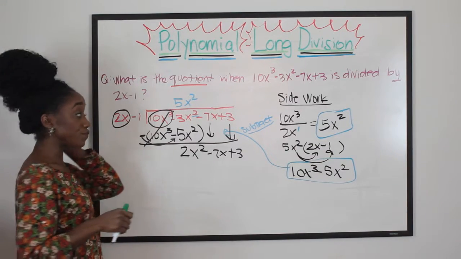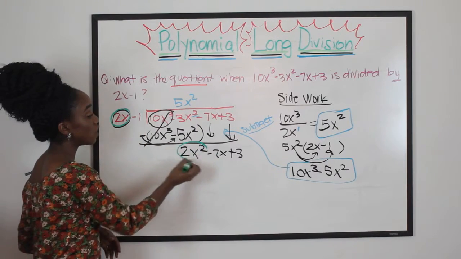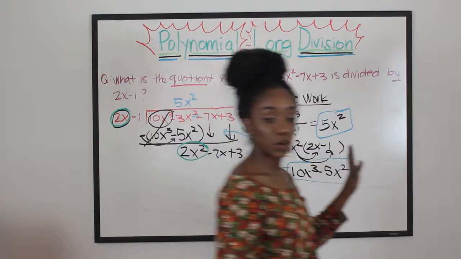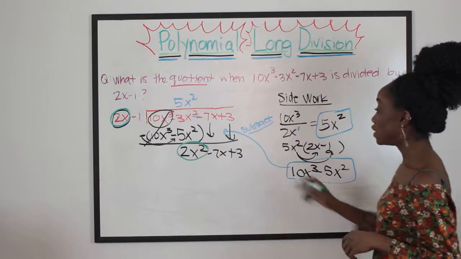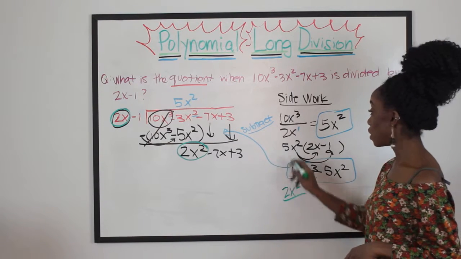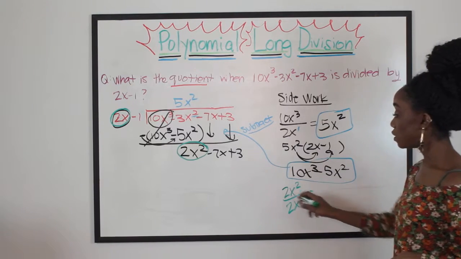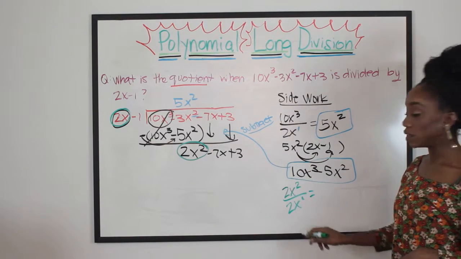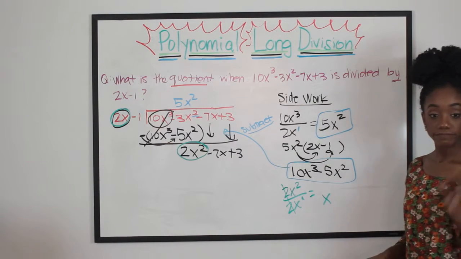Now I'm going to take the first term into this first term. Side work. I don't really have that much space, but I'm going to make it work. So we're going to do 2x squared over the 2x, the same 2x, the invisible 1, the 2 and 2 actually cancel. The x leaves us with just 1x.